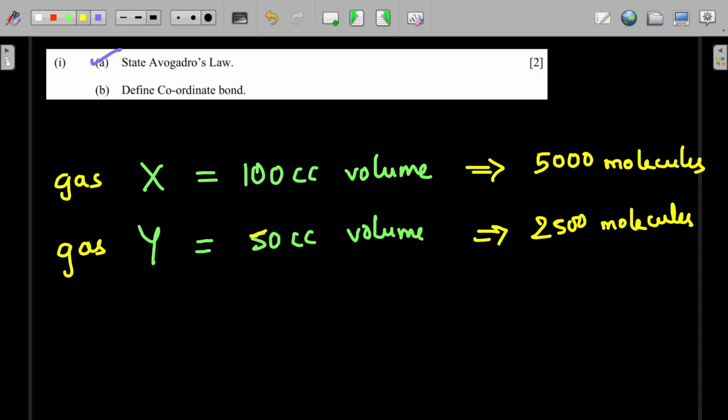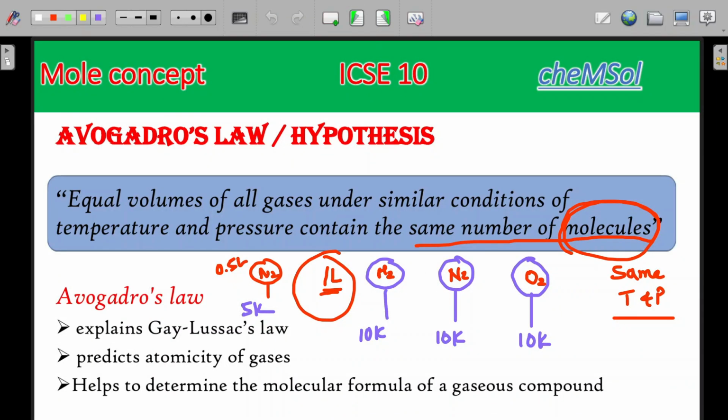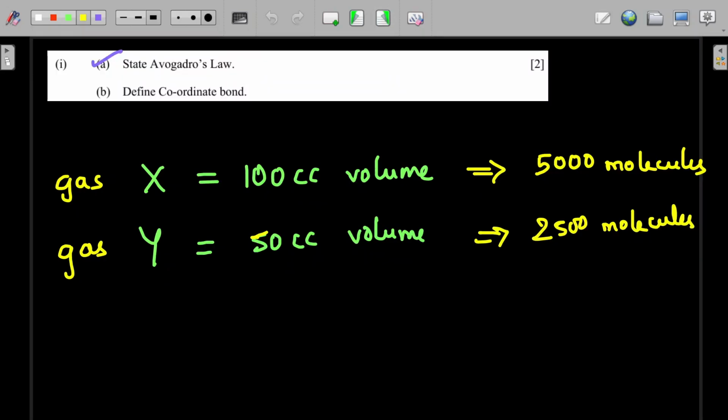But volume is not same, yeah? But isn't this Gay-Lussac's law? Gay-Lussac's law is only for equations. Remember, if there is some reaction happening. Here, no reaction.